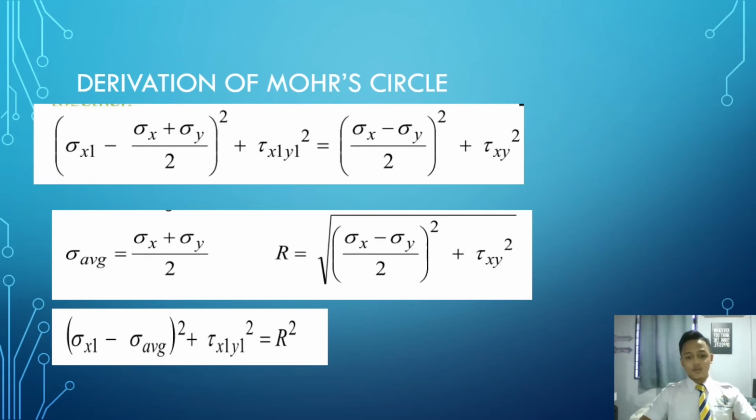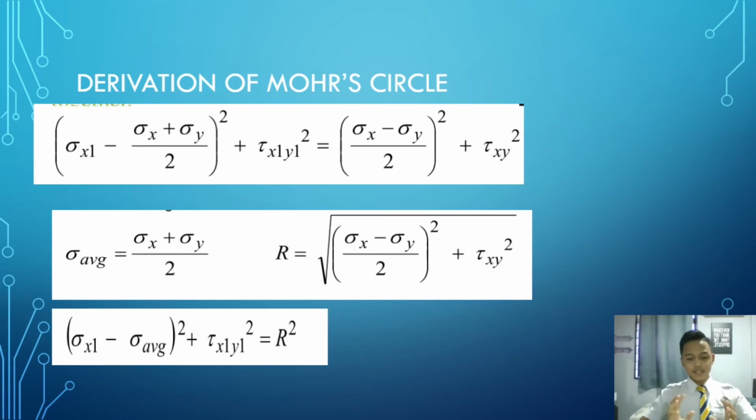And then we define sigma average and R. Sigma average equals sigma x plus sigma y over 2. And R equals the square root of bracket sigma x minus sigma y over 2 bracket to the power of 2 plus tau xy to the power of 2.